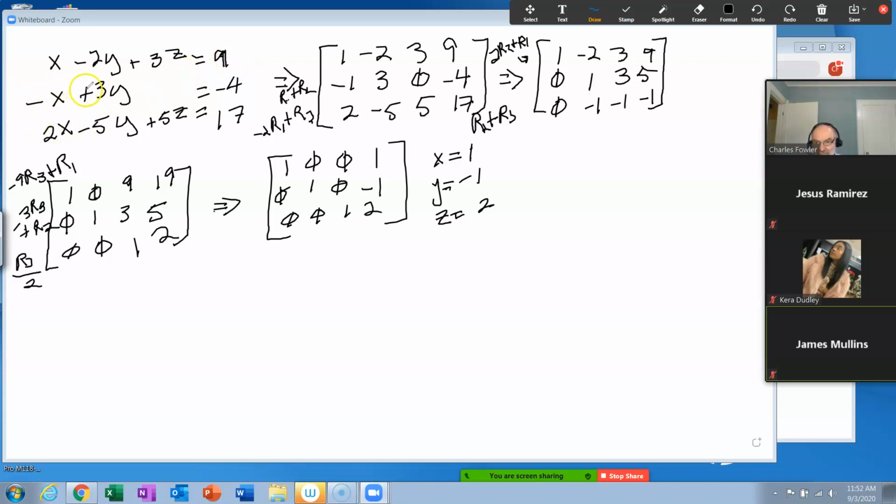Minus 1 plus 3 times minus 1 is minus 3. Minus 1 minus 3 is minus 4. That works. 2 times 1 is 2. Plus 5 is 7. And plus 10 is 17. Yes, that works. There's our solution.